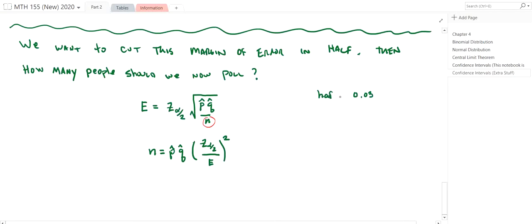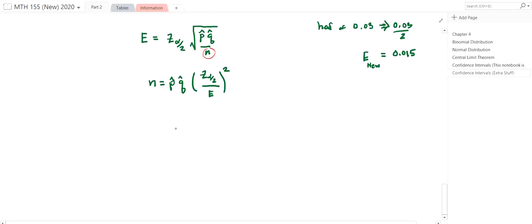So half of 0.03, I put an arrow here because that's not equal, 0.03 divided by 2 equals 0.015. So that's what our new margin of error is going to be. And all the rest of these values will stay the same in this relationship.